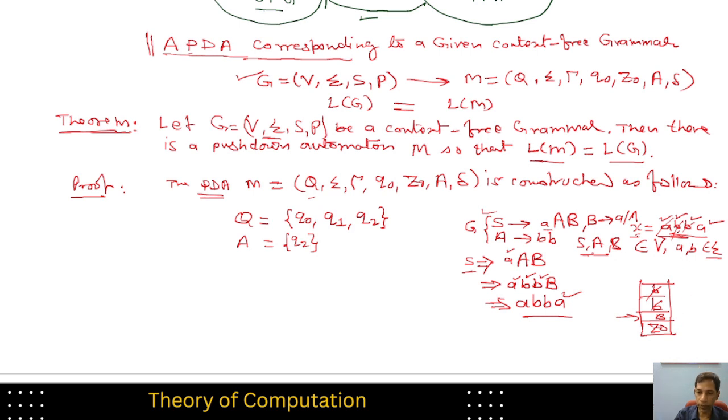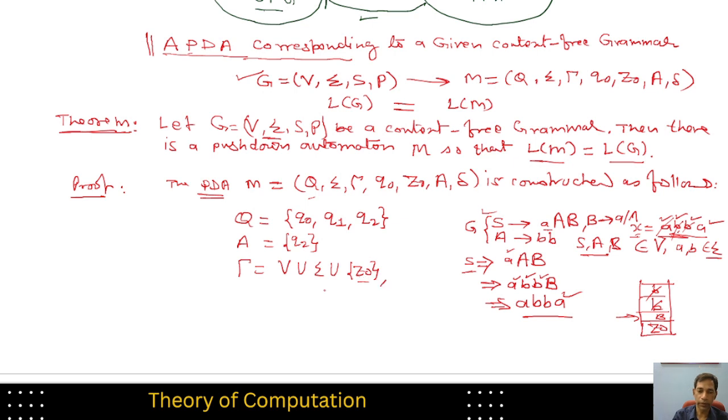As well, whatever input symbols are there, you have to store onto the stack. So that's why the stack alphabet contains all non-terminals, union every input symbol, union the initial stack contents, which is Z0.